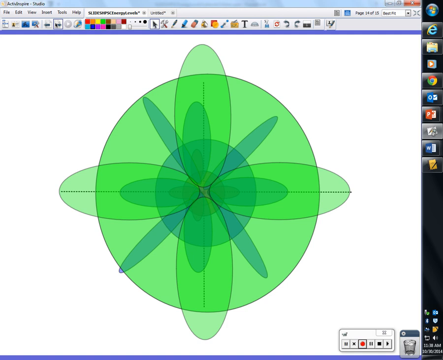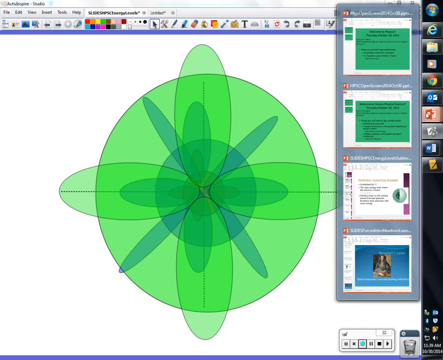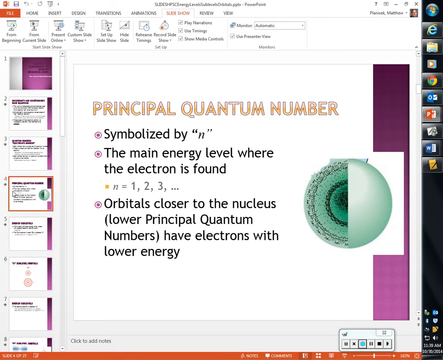Orbitals that are farther away from the nucleus, higher principal energy levels, electrons with more energy. Good there. Okay. All right, now let's start getting into all the different shapes that show up.